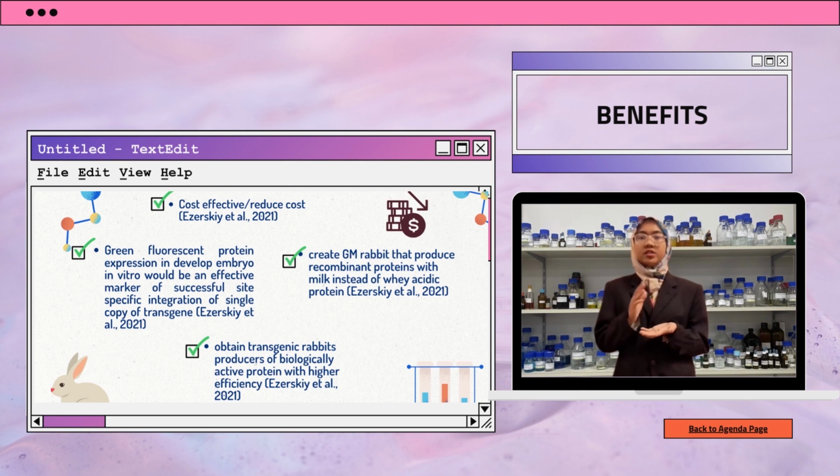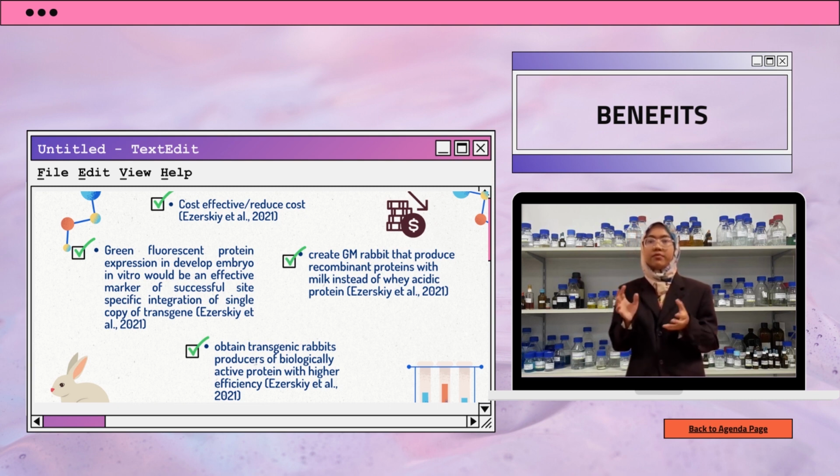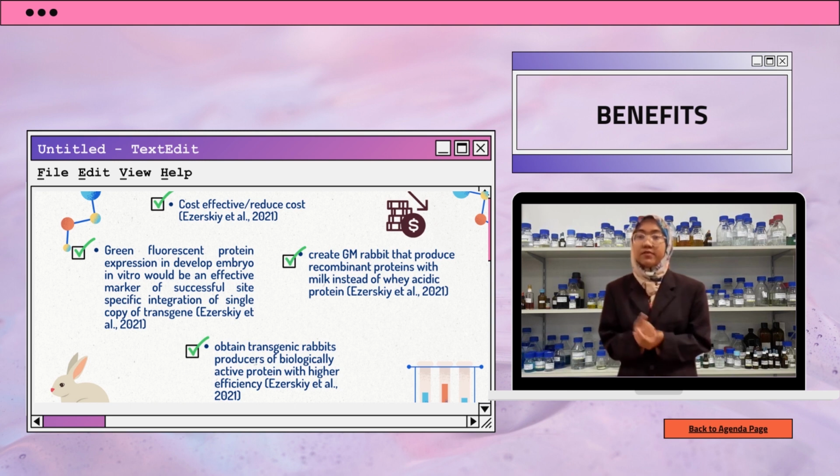So why is green fluorescent protein a good marker? It is a good marker because of its useful properties such as high stability, minimal toxicity, non-invasive detection, and the ability to generate green light without any external cofactor and without the need for expensive equipment.